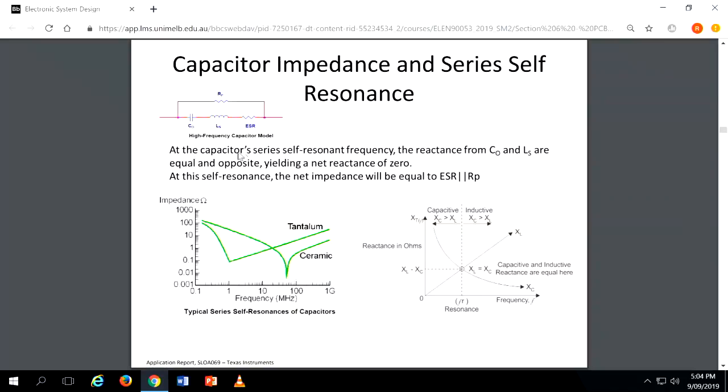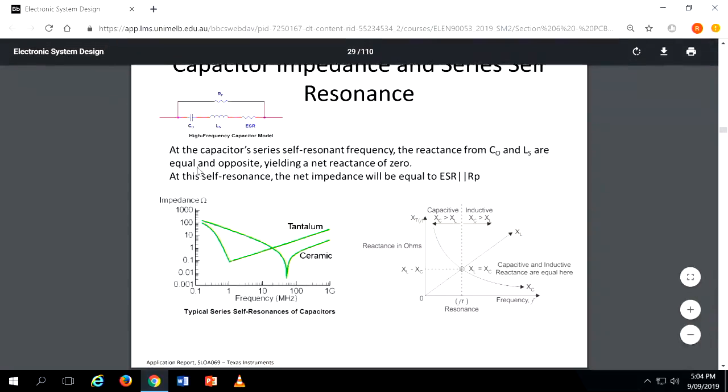At the capacitor series self-resonant frequency, the reactance of the capacitor and inductor are equal and opposite, yielding a net reactance of 0. That is not actually 0, but a very low value. So this low point is called the series self-resonant frequency of the capacitor.